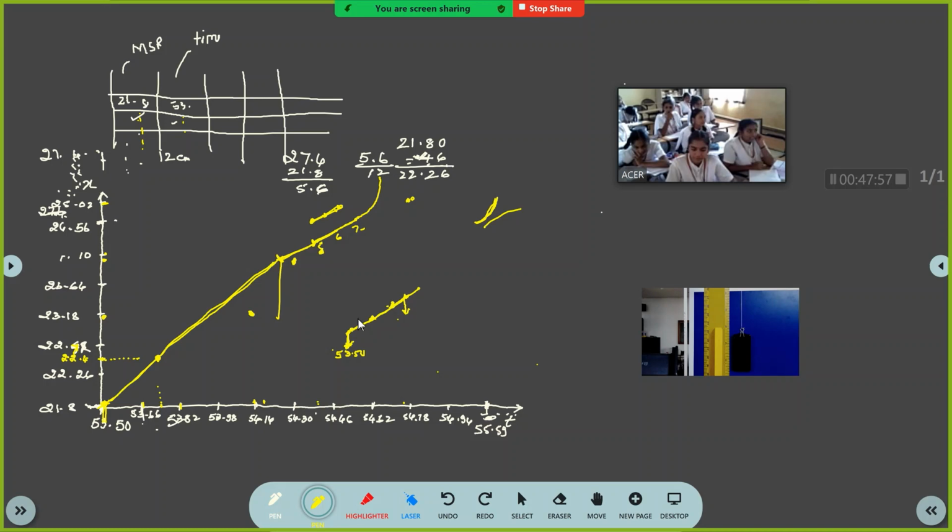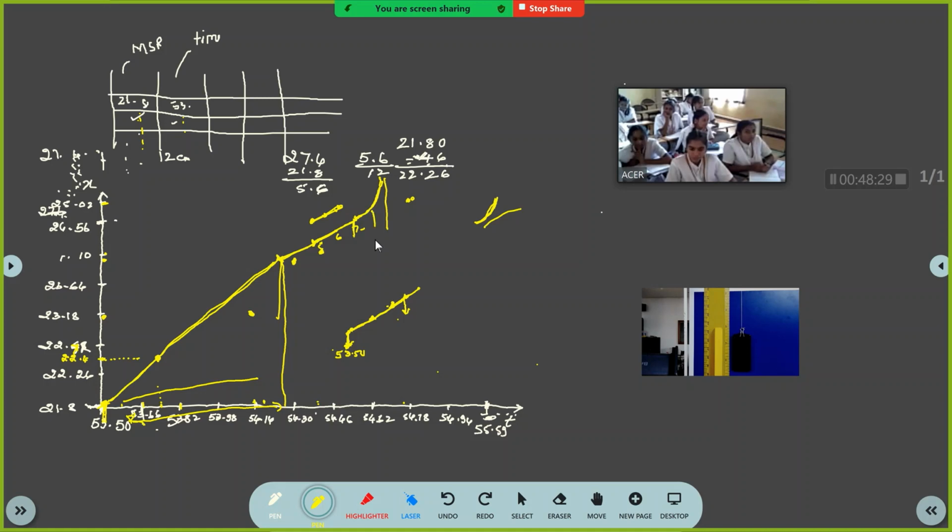So now you see students, that is what you get from experimentation. Between this point and this point, that is between this time interval, the body is moving with uniform velocity. Correct? Yes, sir. Now see here, between this point and the last point, you are getting this parabolic curve.